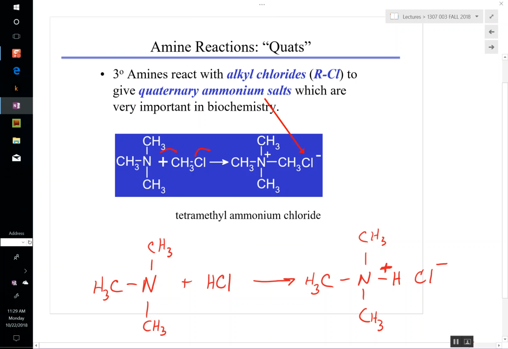See, we got a +1 ion here, -1 ion there. Now I got tetramethyl. This is trimethylamine, but now I got tetramethyl ammonium chloride. You see that? I can't call it trimethylamine anymore because there are 4 of them.